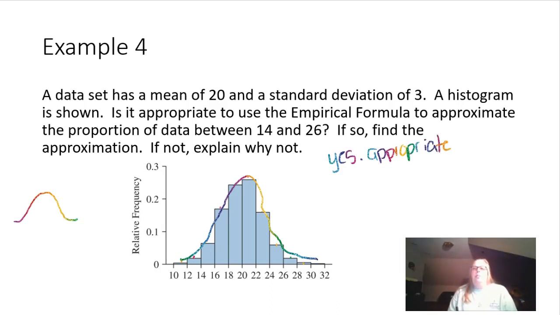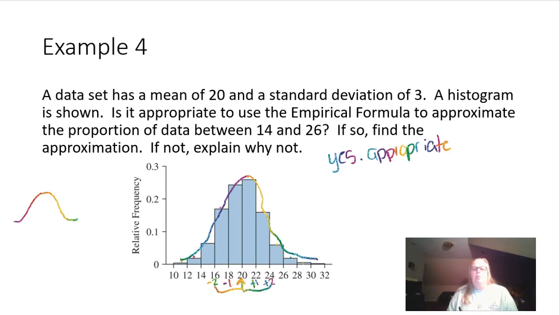And since it is appropriate to estimate the proportion of data between 14 and 26, that means we can use our 68, 95, 99.7 rule. The mean is located right here in the middle. 22 is +1 standard deviation, 18 is -1 standard deviation, 16 is -2 standard deviations, and 24 is +2 standard deviations.